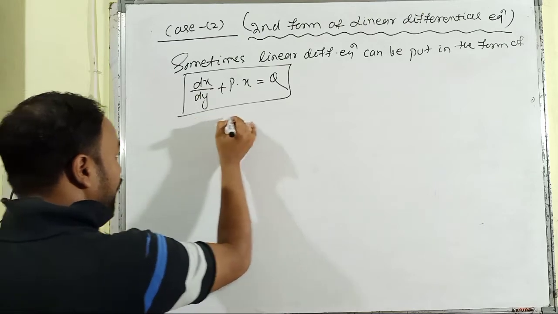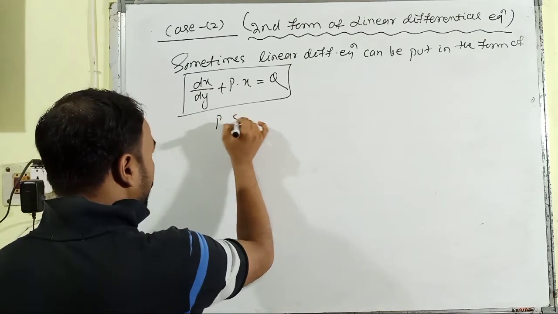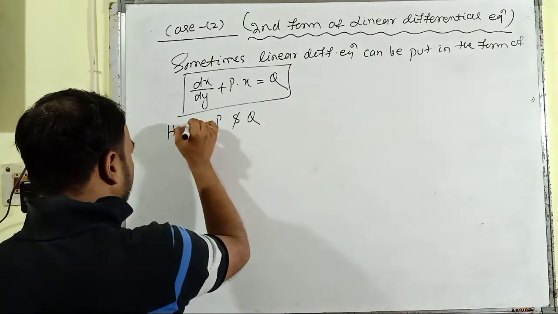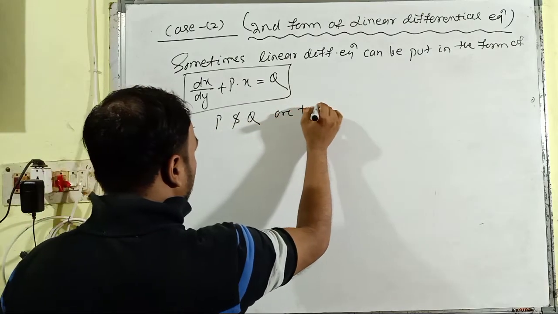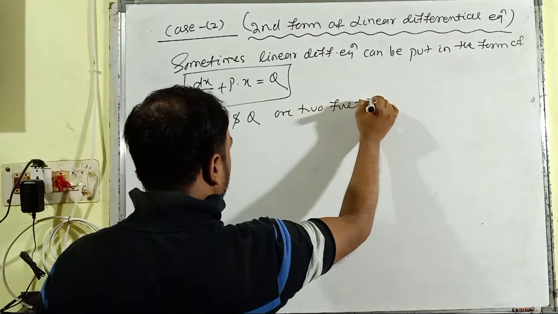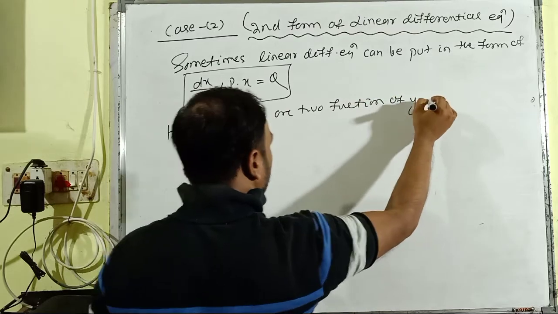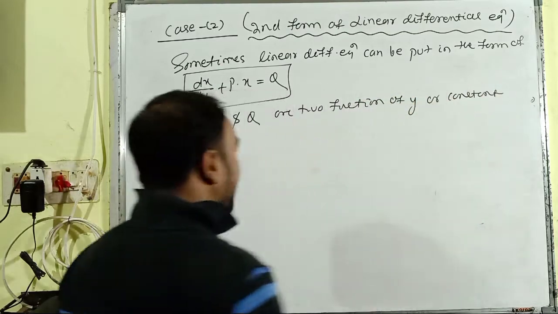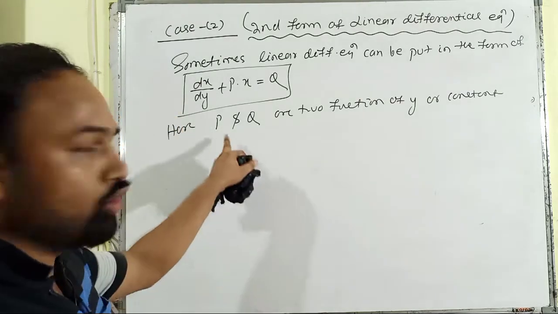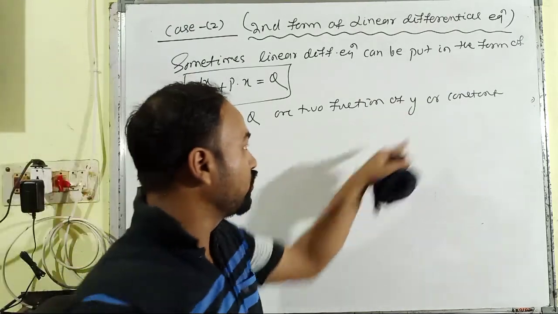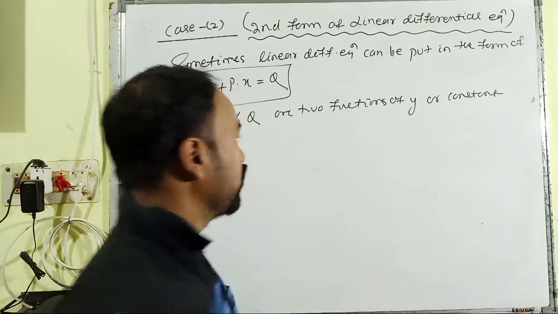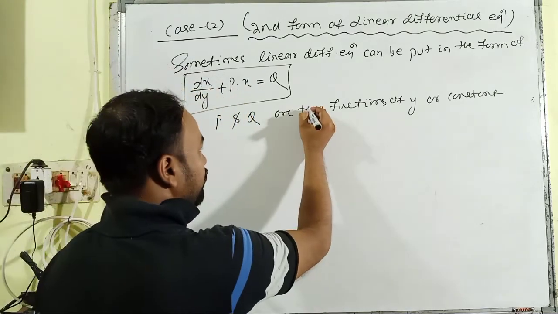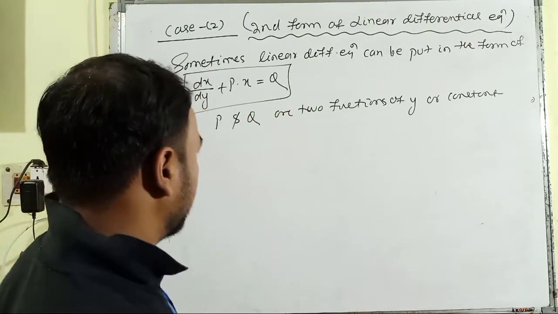Or also here you can write down both p and q are two functions of y or they are constants. Either they are functions of y, both p and q, or they are constants.